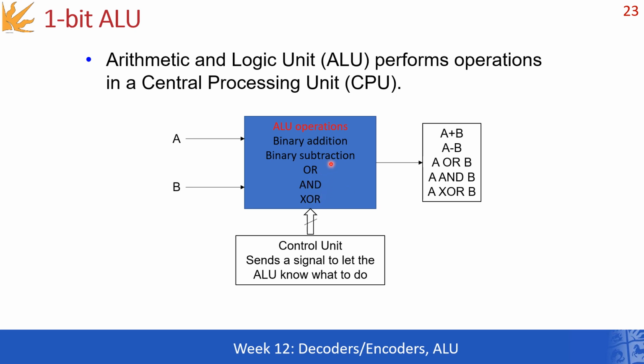And these operations can take place on 2 different input streams, A and B here. And based on what you've been taught, you have a control unit here that sends a signal to the ALU and lets it know what to do, which of these operations to use on A and B. And the result will be the corresponding one that you see over here.